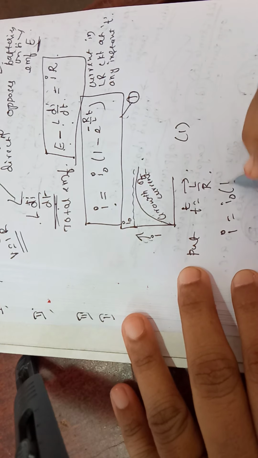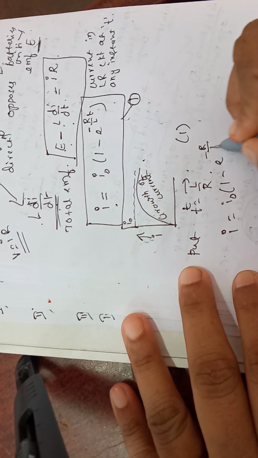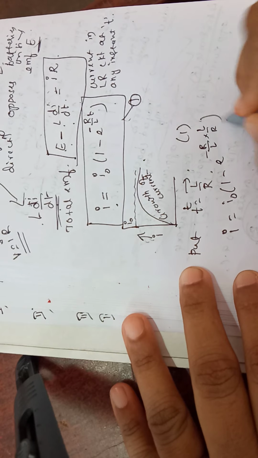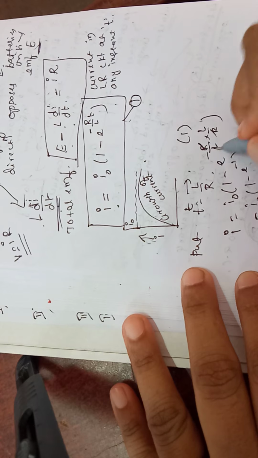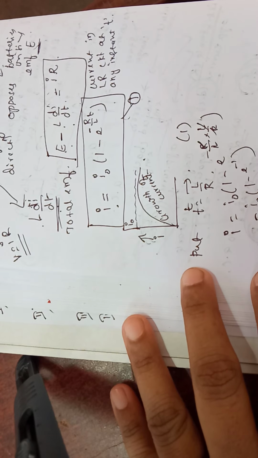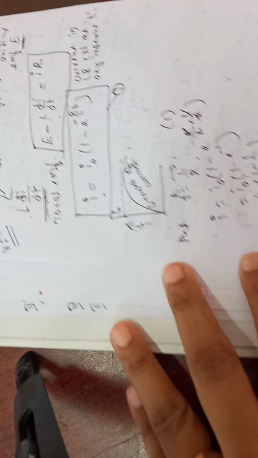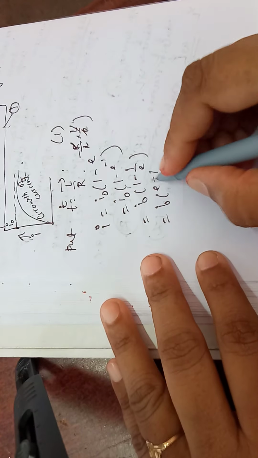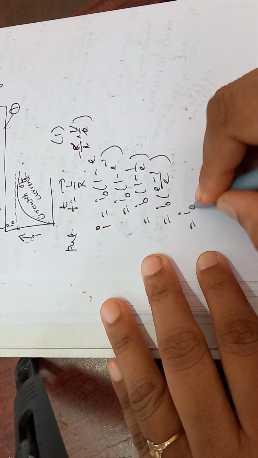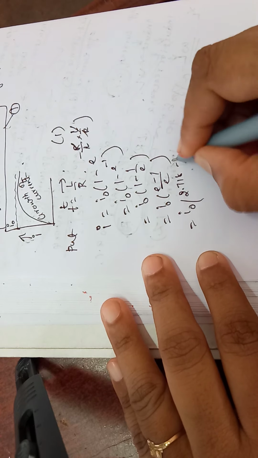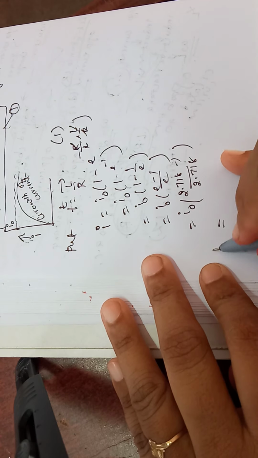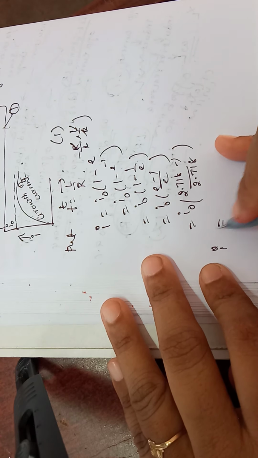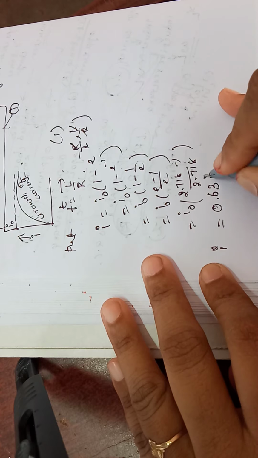I equals I naught times (1 minus e to the power of minus R by L into L by R), that is I naught (1 minus e to the power of minus 1), which is I naught (1 minus 1 by e). What is the value of e? 2.718. So 1 minus 1 by 2.718. After doing certain simplifications, we will get 0.63 I naught.